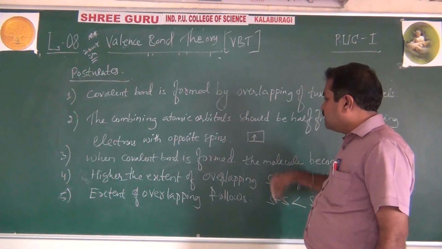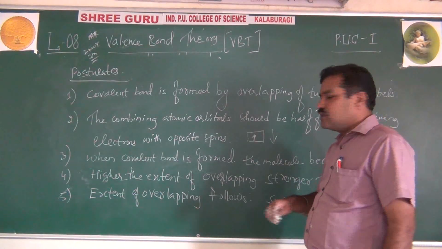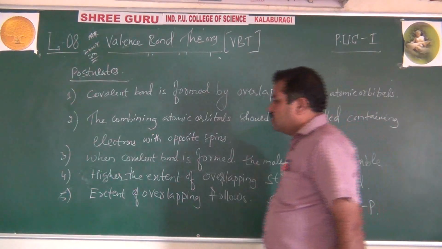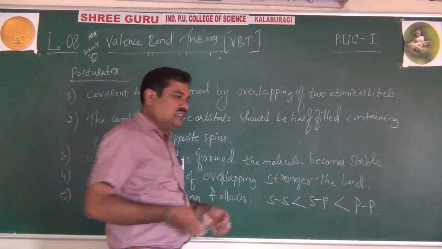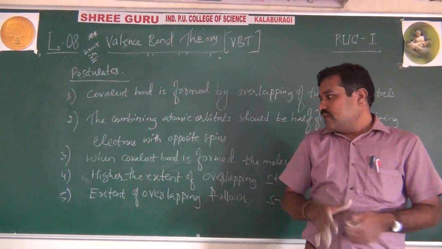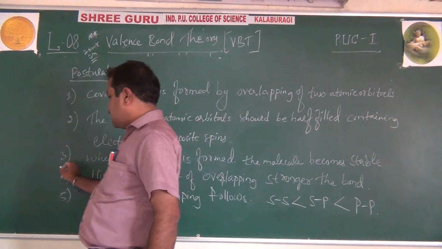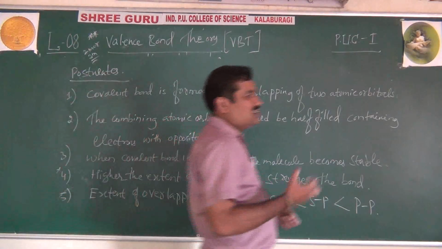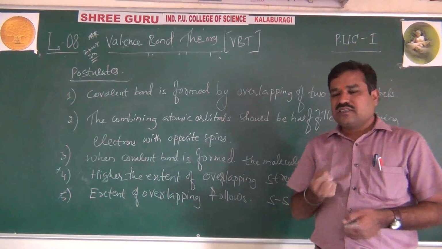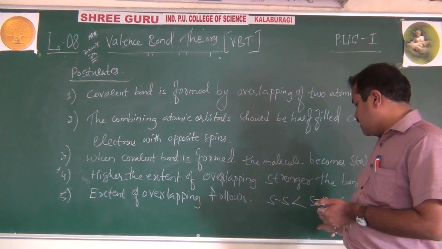Then they overlap with opposite spins. When the covalent bond is formed by overlapping, they lose energy and become stable. But higher the extent of overlapping, stronger the bond, which is very important. How much the extent of overlapping takes place, that much stability and strength increase. The extent of overlapping follows SS, SP and PP.